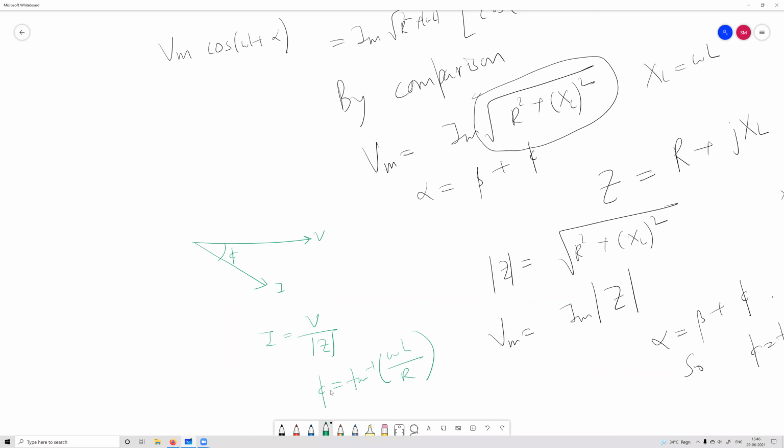Put L equal to 0, then phi becomes 0. If R is 0, then it's a pure inductance and the voltage is leading the current by 90 degrees, as we expect. If L is 0, then the circuit is a pure resistance and the voltage and current are in phase. Is it okay?